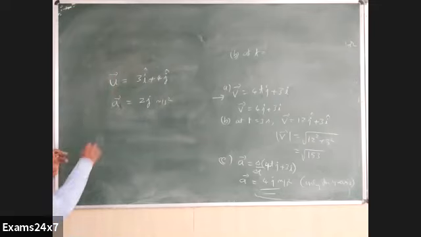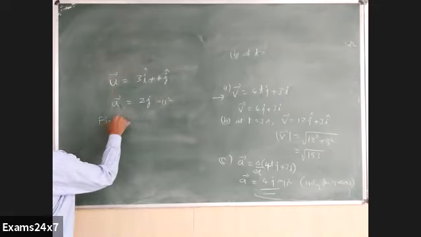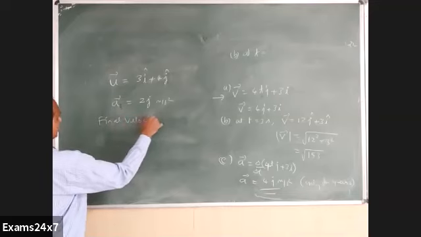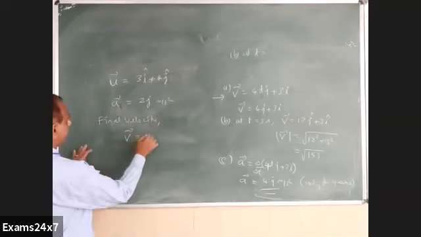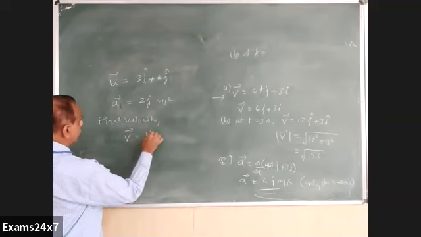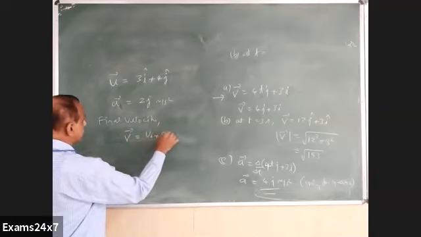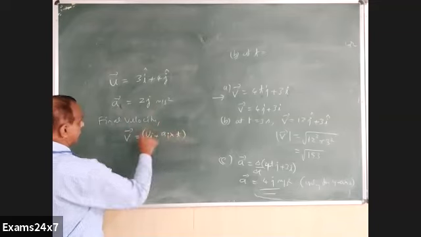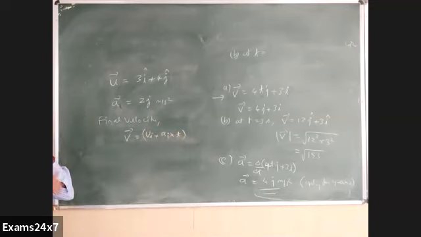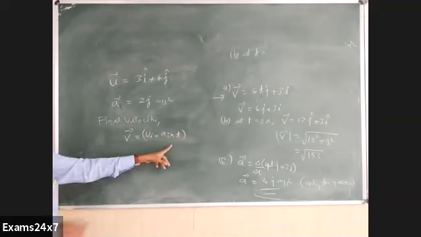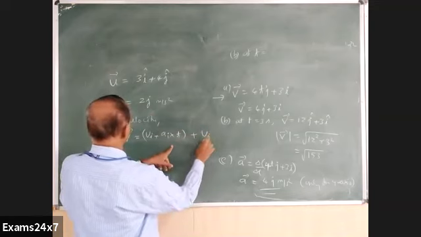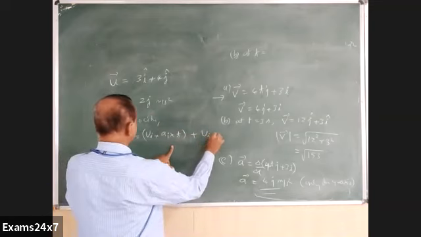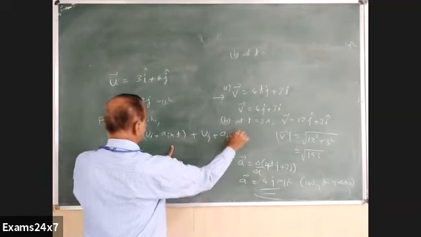Means the final velocity, say v vector, can be expressed as u along x direction plus acceleration along x, if any present. Actually, it's not there in this case. ui plus ait, plus uj along y direction, uj plus aj into t.